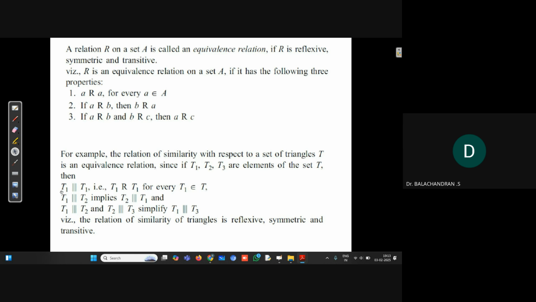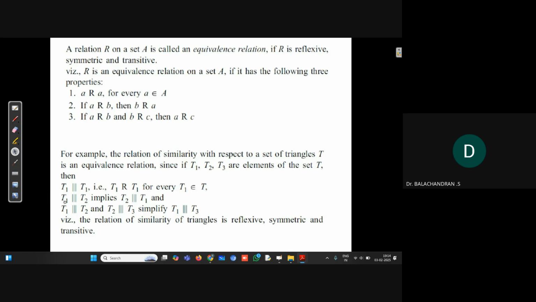So we know that every triangle is similar to itself. That's why T1 is similar to T1, for every T1 belonging to capital T, where capital T is the set of all triangles.